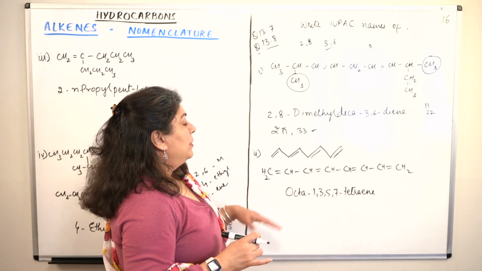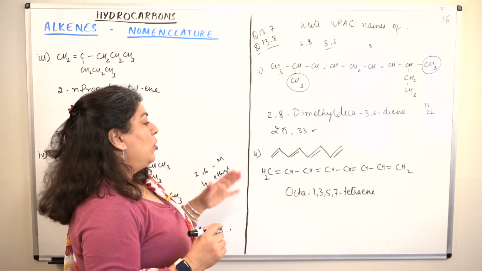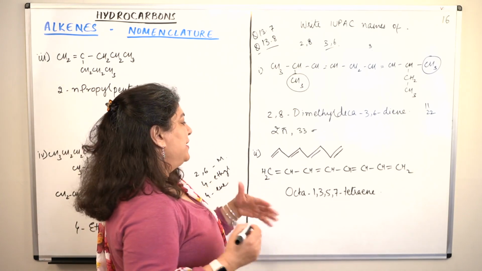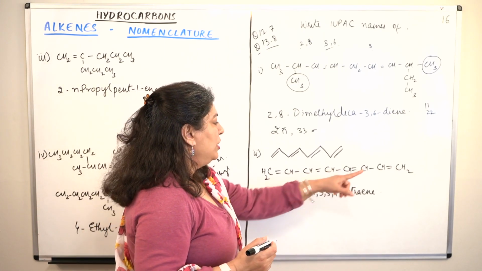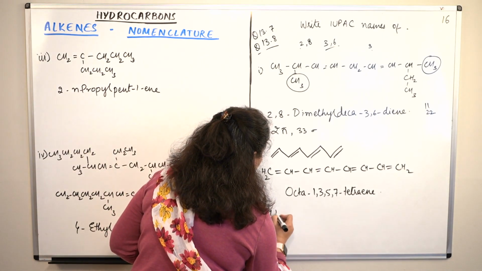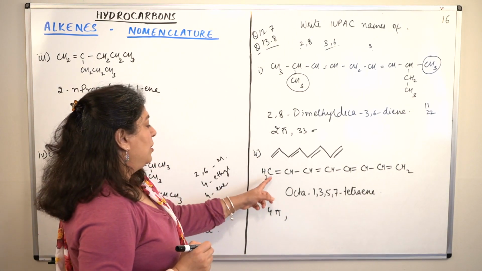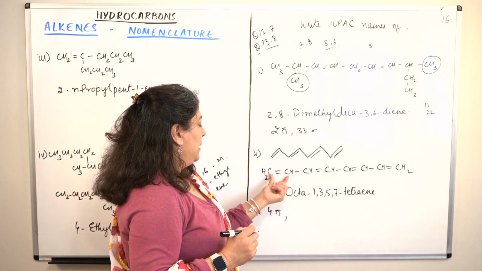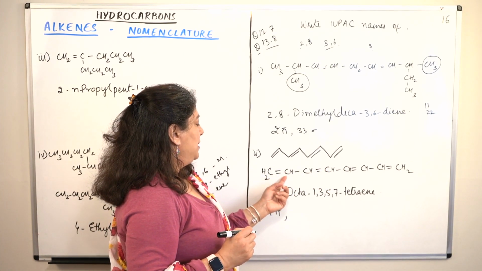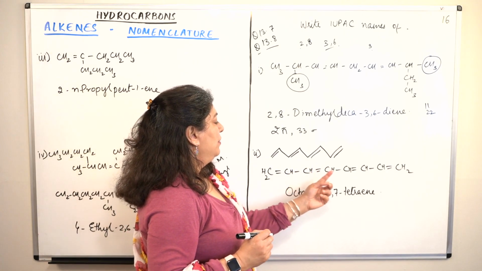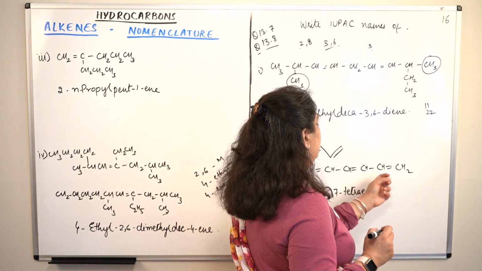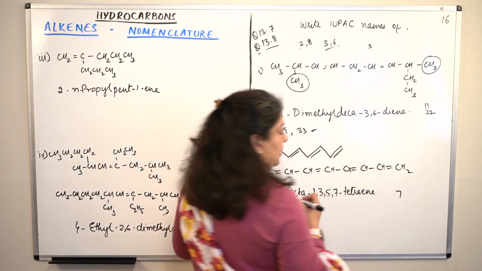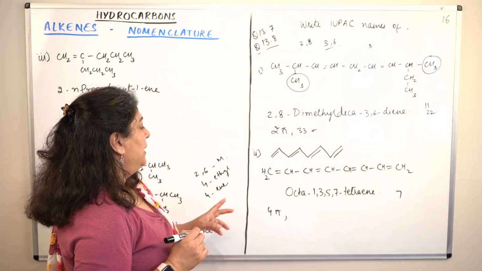Look at this one now. How many sigma bonds? All single bonds are sigma bonds. So let us first count the pi bonds. There are 4 double bonds, so there are 4 pi bonds. Come to sigma bonds now. Carbon-carbon bonds: 7 sigma bonds between carbons. Now how many hydrogens are there?